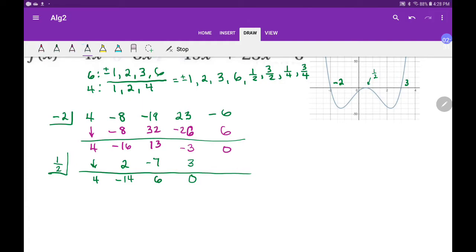And then finally, I will try the 3. Let's see, I say bring down the 4. 4 times 3 is 12, plus the -14 is -2, times the 3 is -6, and that gives me 0.